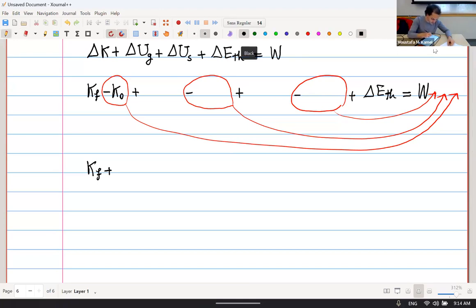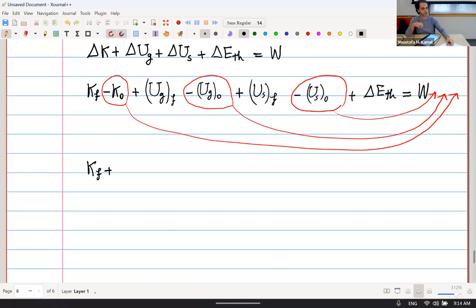I want it as U_G final, minus U_G initial, plus U_S final minus U_S initial. Same thing, I just don't want to substitute the formulas now.